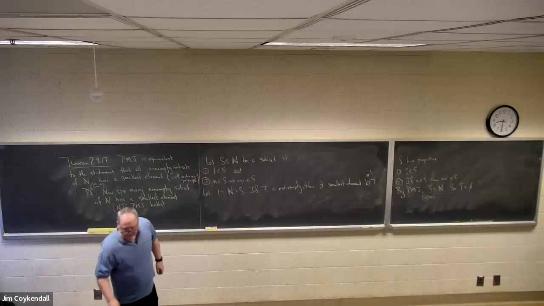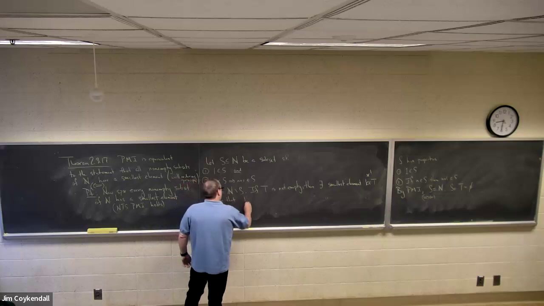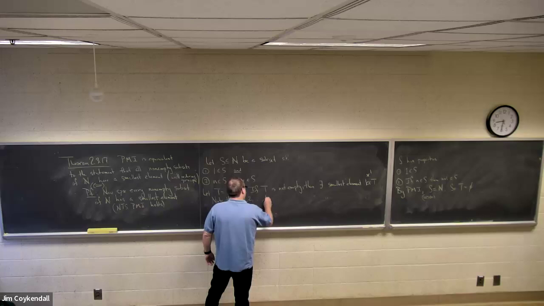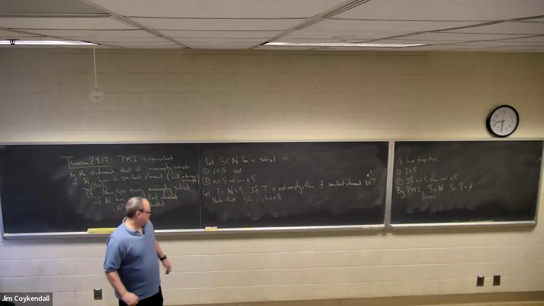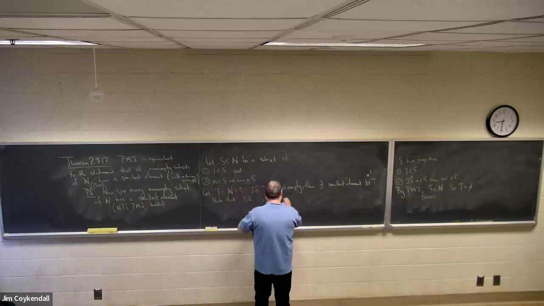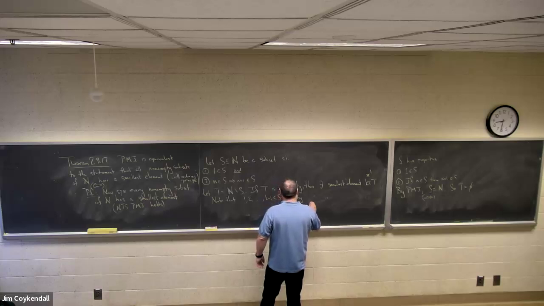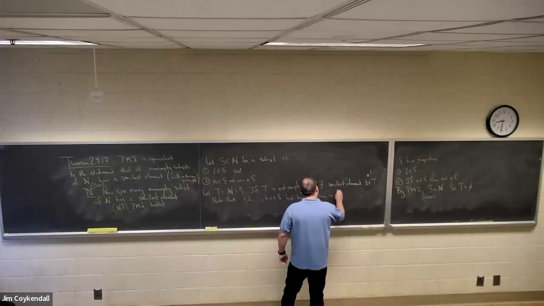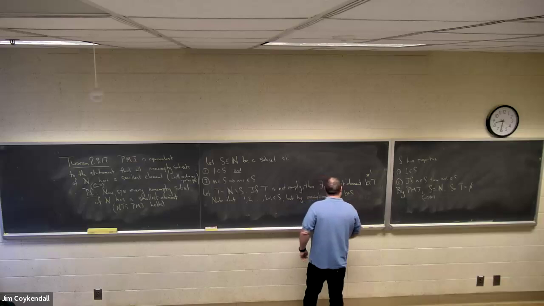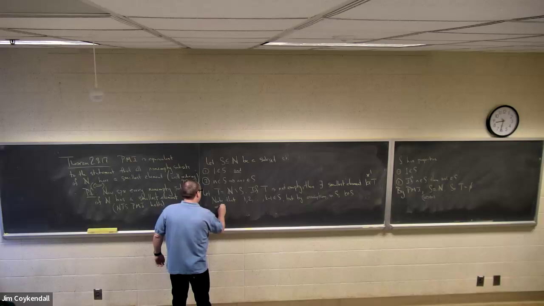So one, two, all the way up to K minus one is in S. But by assumption on S, K is in S, which is a contradiction.